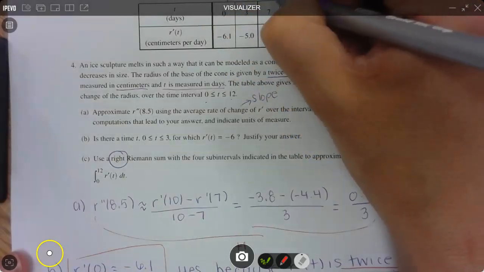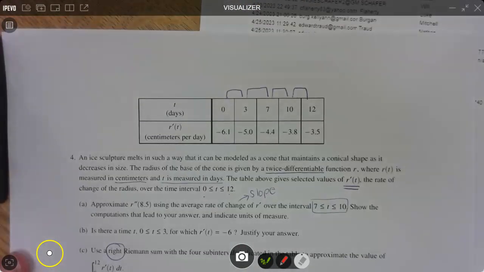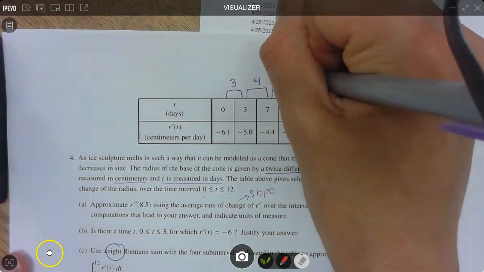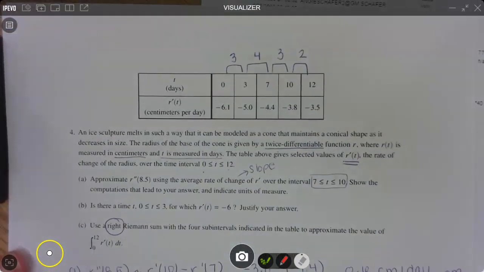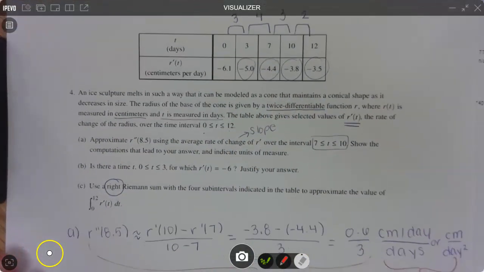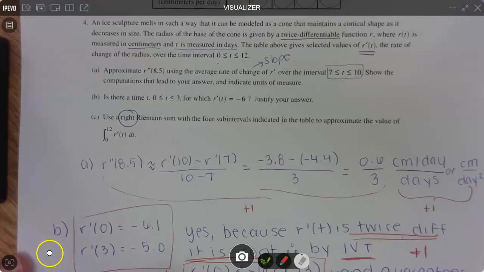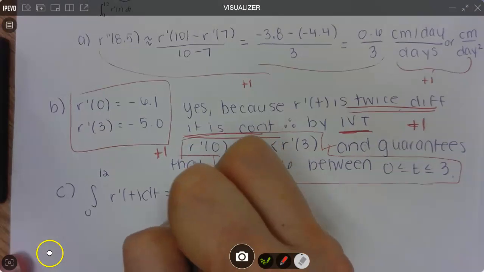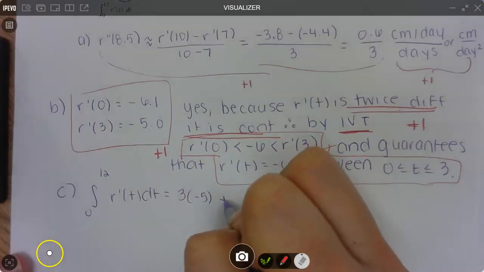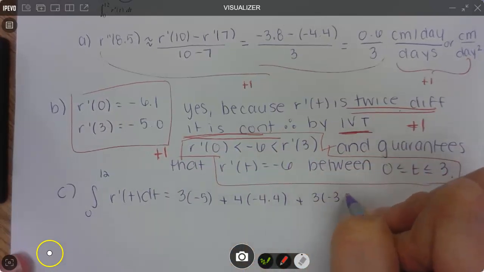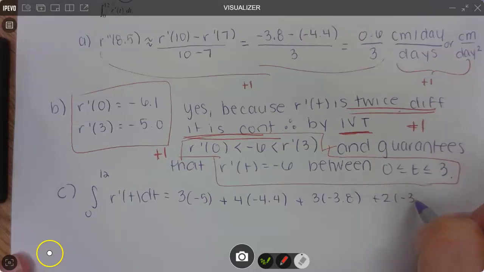I'm going to my table and I am finding the distance between each of those. And then I'm using all of the right values. So the integral from 0 to 12 of r prime of t dt would be equal to, using a right Riemann sum, 3 times negative 5, plus 4 times negative 4.4, plus 3 times negative 3.8, plus 2 times negative 3.5.